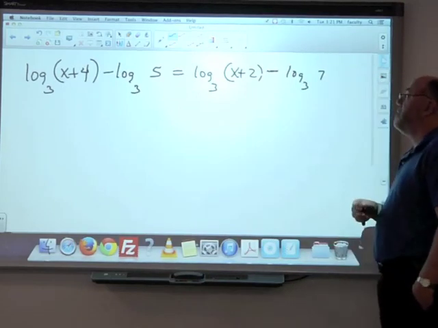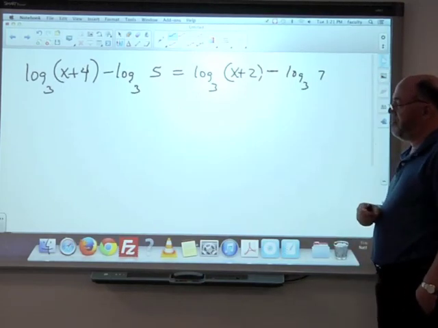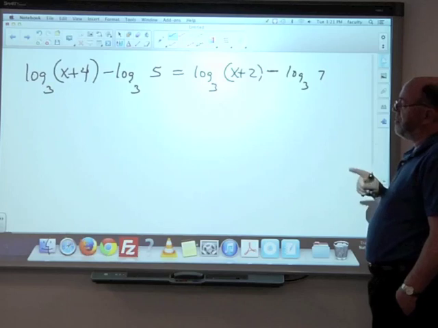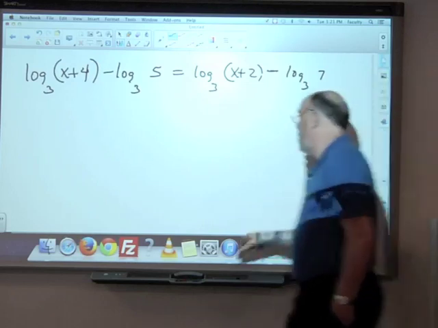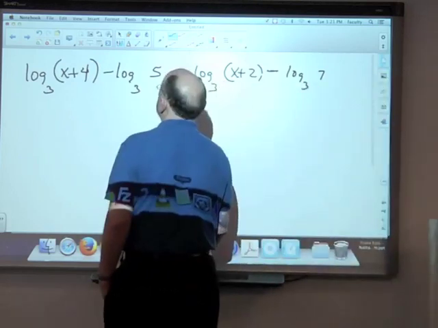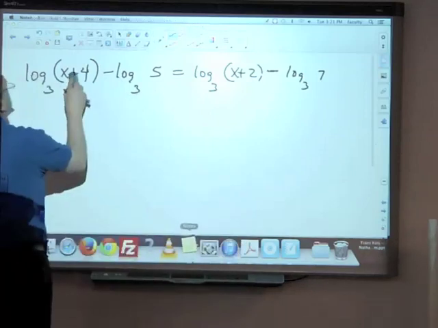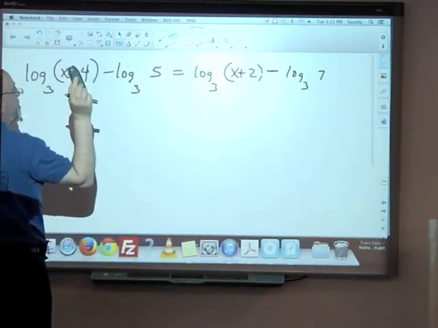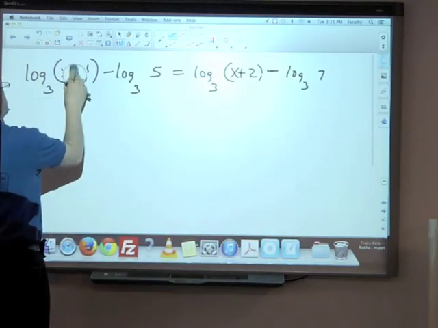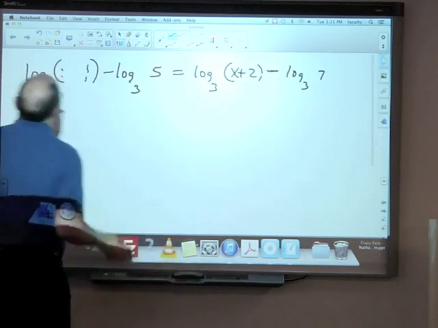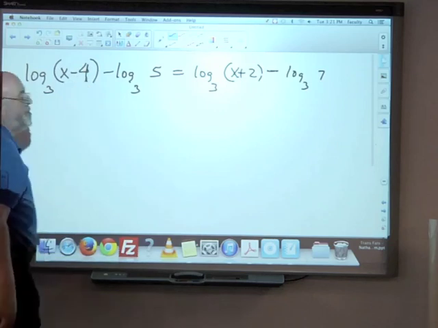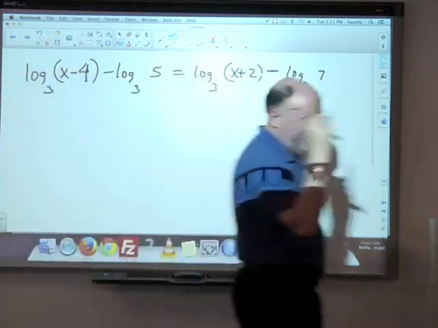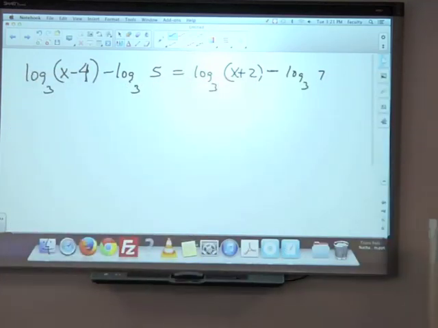Are we still solving for x? Yep. We're going to make one slight modification. I just want to make that an x minus 4, so it turns out to be a real number. All right. So we got this.